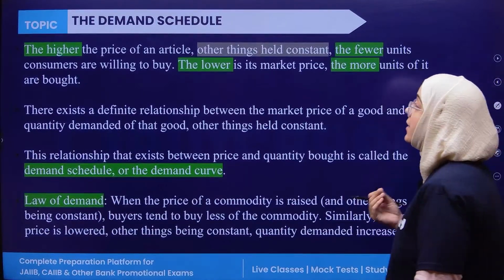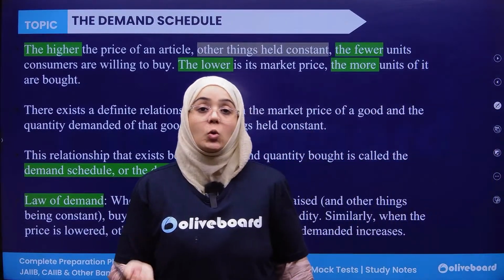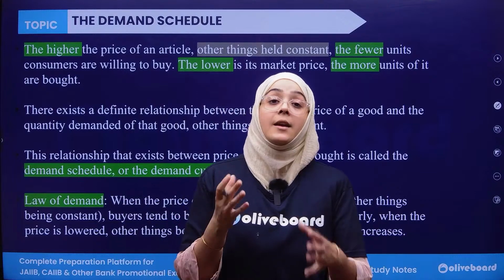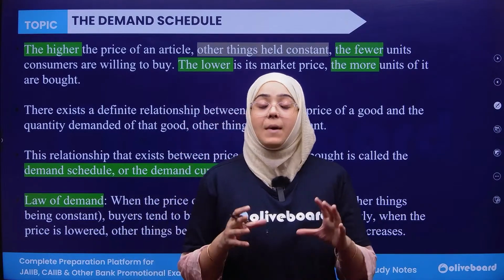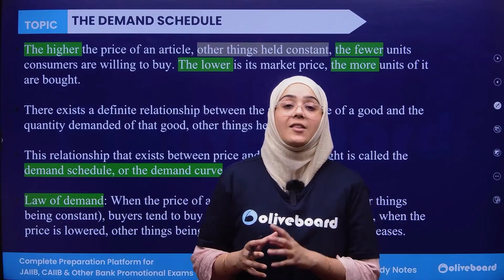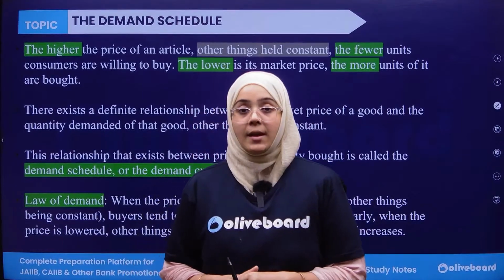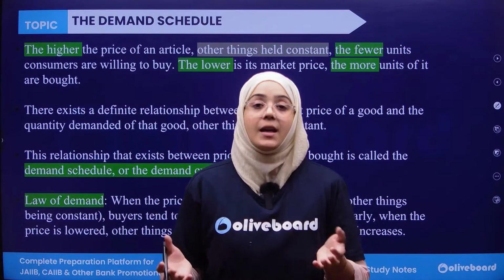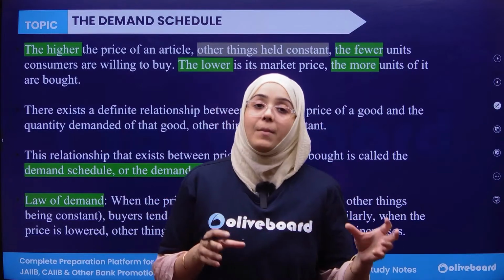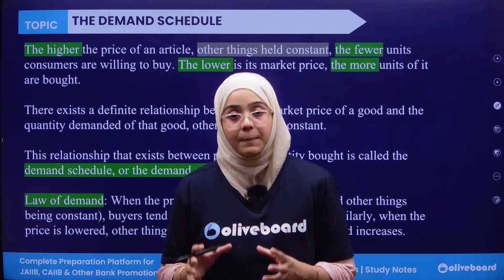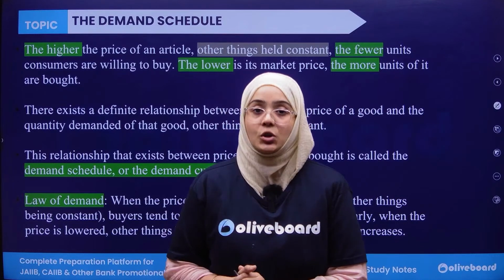First of all, let's learn about the demand schedule, or what is known as the law of demand. A marketplace actually consists of two parties: buyers and sellers, and every buyer and every seller has their own perspective on price change.